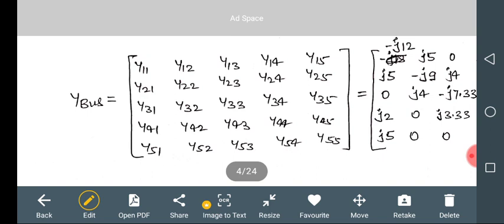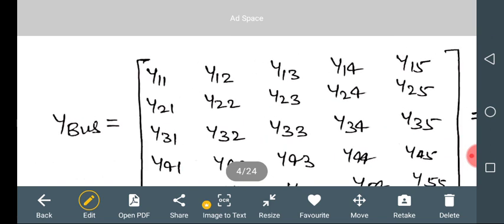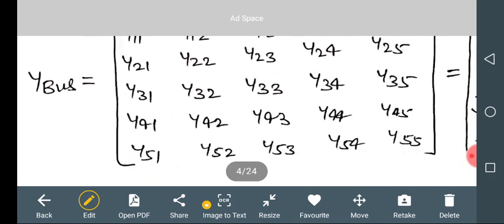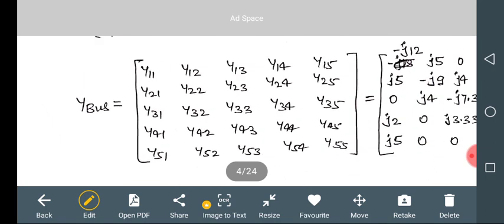Even we can say that except Y11, 22, 33, 44, 55, all the remaining values are off diagonal values. After writing off diagonal values, now come to diagonal admittance values. What are diagonal admittance values? Y11, Y22, Y33, Y44 and Y55.